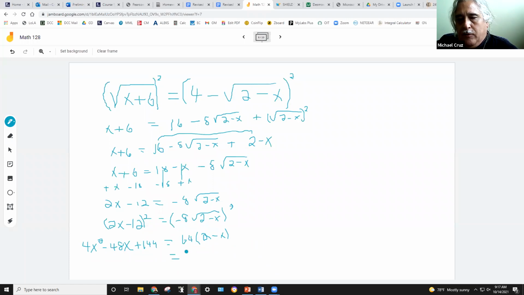So this is 128, with the same thing over here. So I'm going to have to go up on the other side. So then that's minus 128.